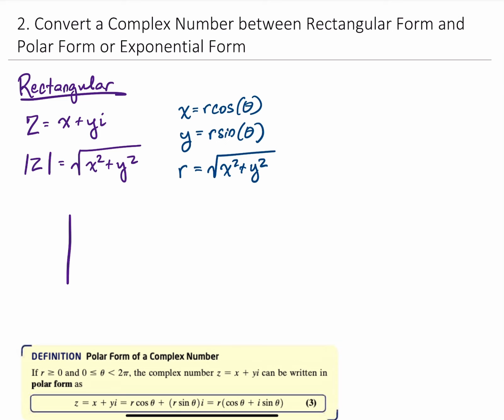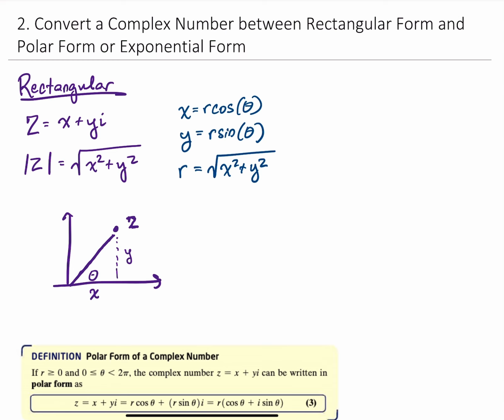But just to quickly recap where that's coming from, if we have our complex number plotted here, this would be the magnitude, or just that distance from the origin to the number. This is our y distance, and this would be our x distance.